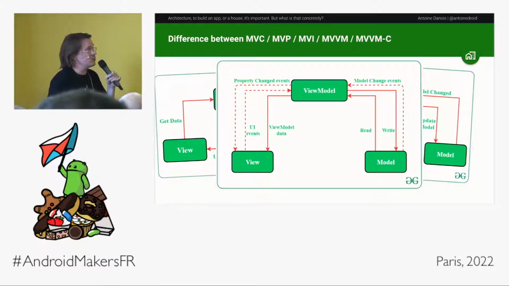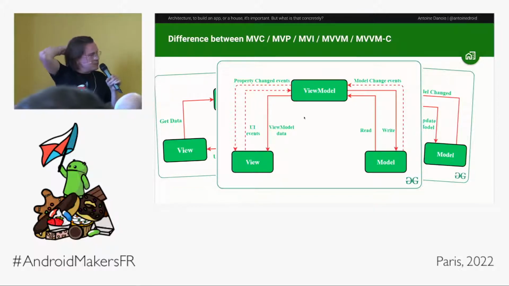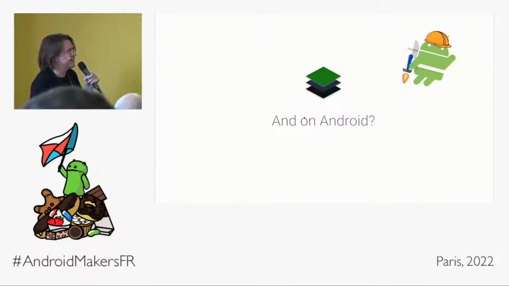And also, if some of you are more in the iOS world, you have the MVVMC, and the MVVMC is the same as the MVVM, obviously, but with a controller. It seems to be something really specific to the iOS world, but the controller is helping to instantiate the view controllers and the view models, and present the view controllers that you want to show in your app, etc. So yeah, I haven't really seen that in the Android world, but maybe it will happen one day.